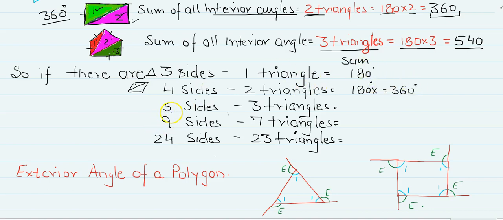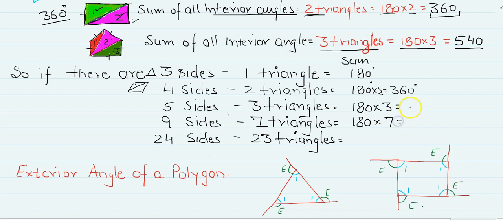If there are 5 sides, there will be 180 times 3. If there are 9 sides, there will be 7 triangles.